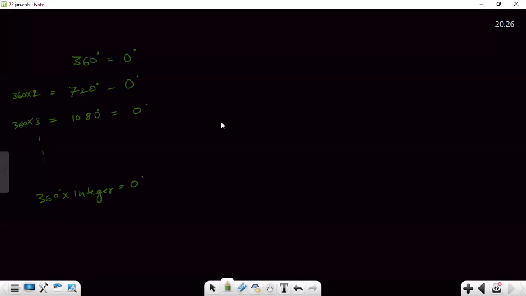Now, if that is clear, we have one understanding: any integral multiple of 360 degrees is equivalent to 0. So if I say 1080 plus 30 degrees, then since 1080 is equivalent to 0, this is equivalent to 30 degrees.